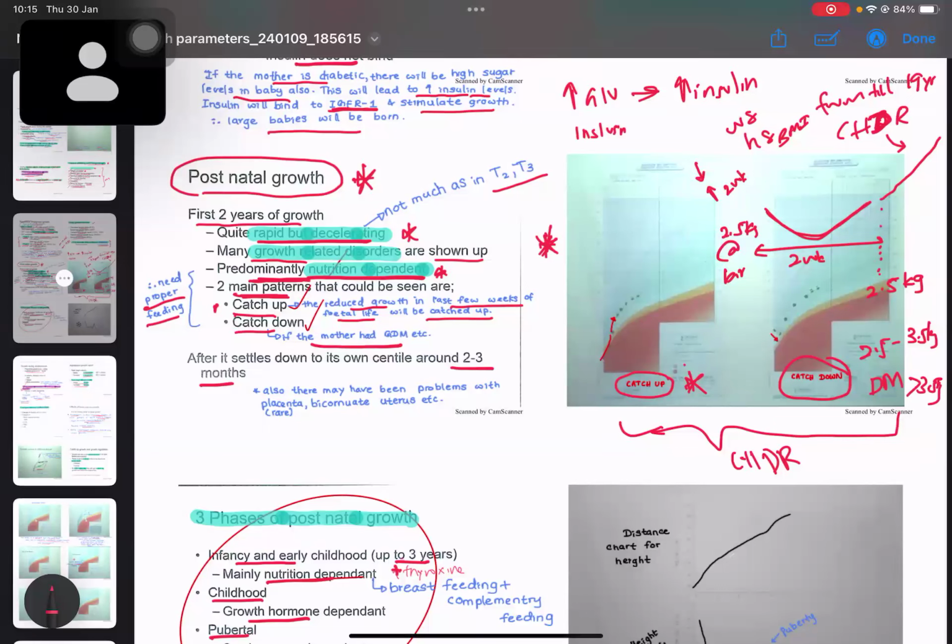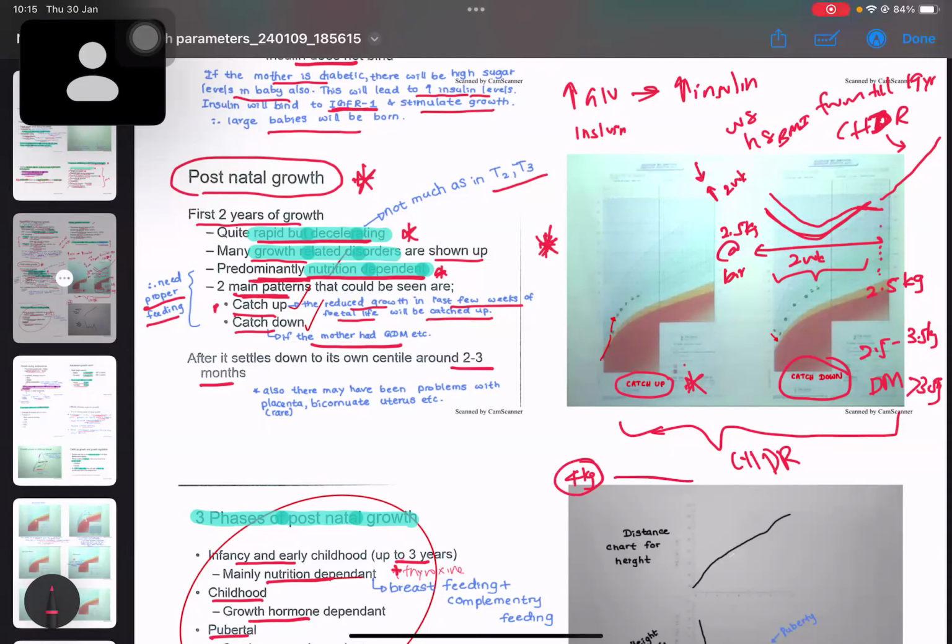So during these 2 weeks, the child's weight will decrease and increase, but it will not attain the birth weight, which was an abnormal weight at birth. Example, a baby born to a diabetic mother at 4 kg. The birth weight of the baby was 4 kg.